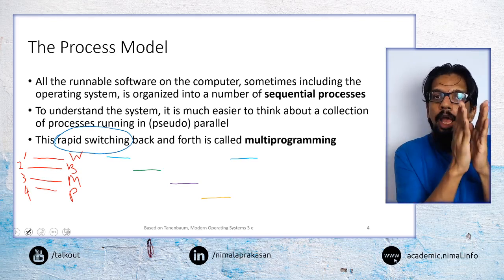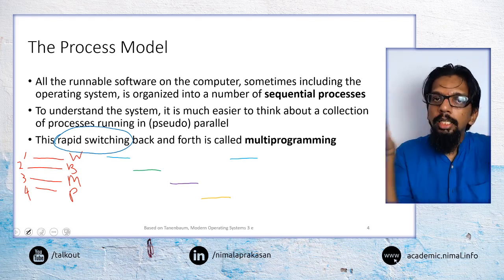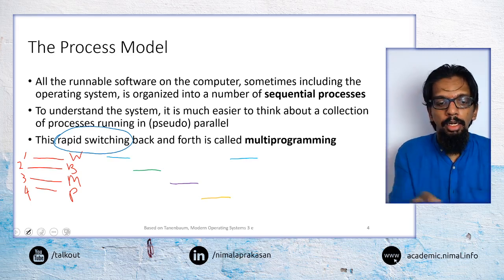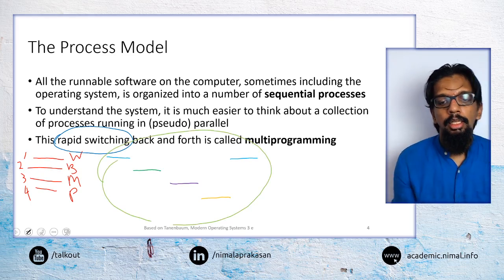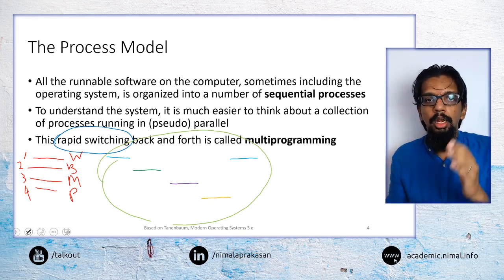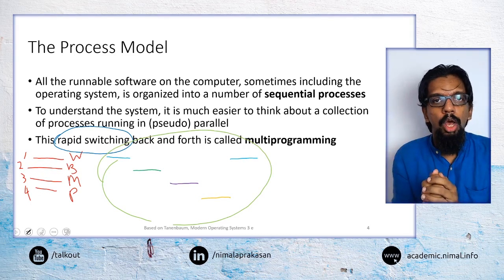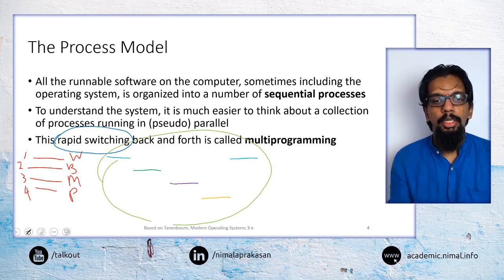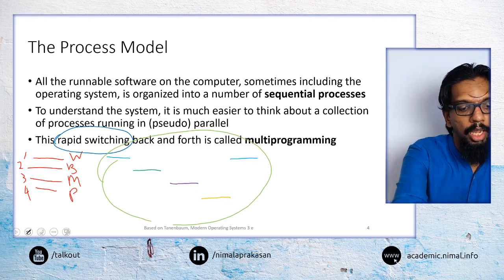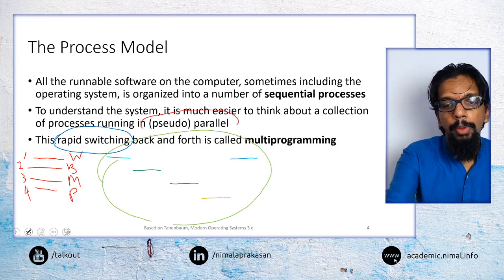That action of seeing them as running in parallel but not running in parallel in reality, so they are switching and at a particular point not two are running, but you will see them as running from a user perspective, is what we would call pseudo parallel.